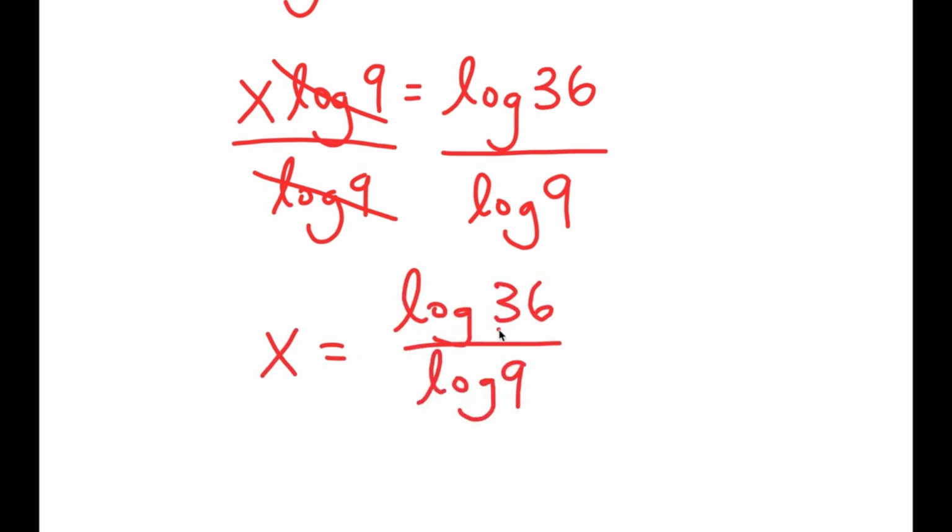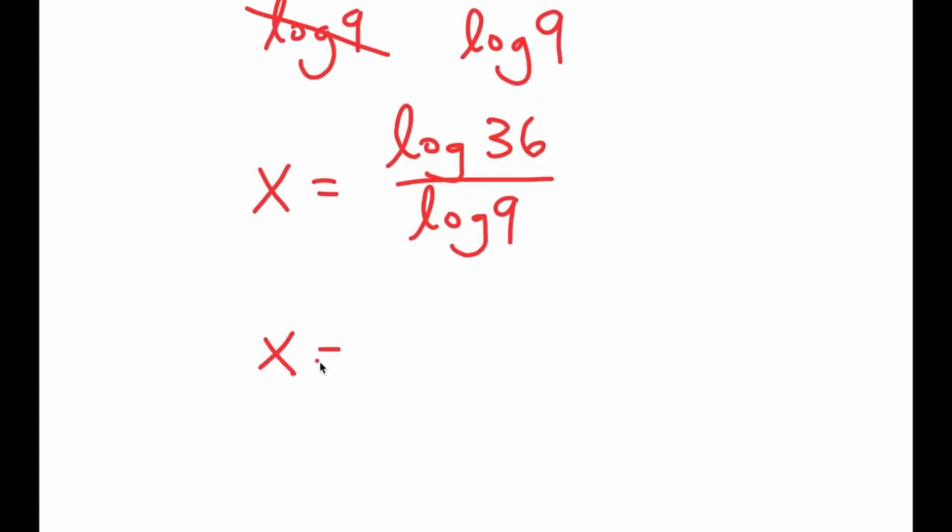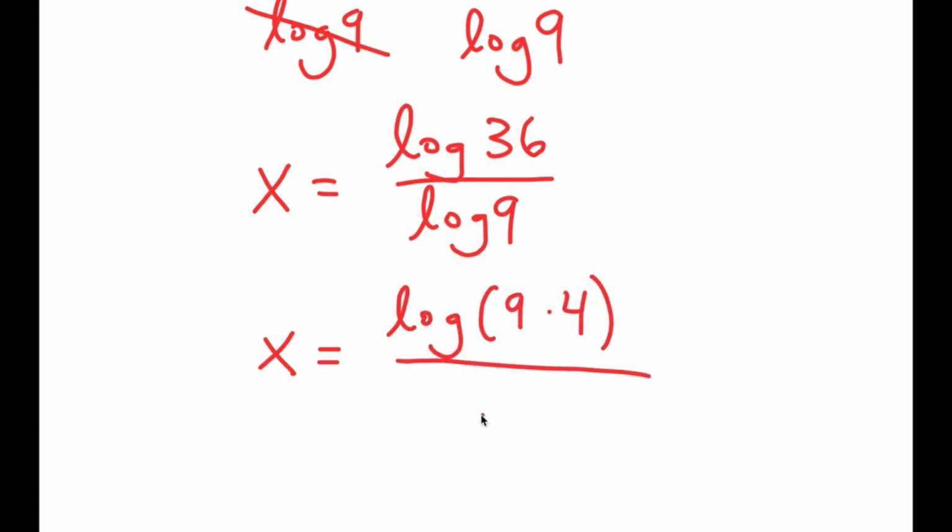Now, we aren't done yet because we want to find the exact value of x, so we don't want any logarithms in our solution. So now what I'm going to do is rewrite log of 36 as log of 9 times 4 because I just want to simplify log 36.